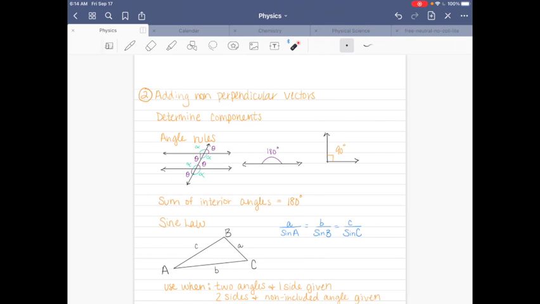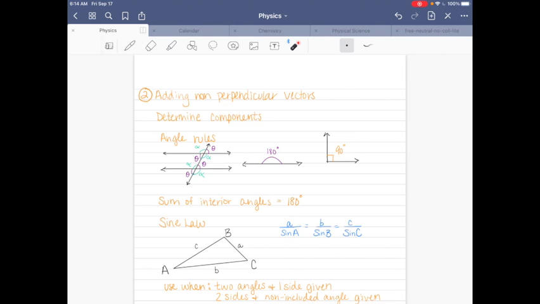Remember too that if you have a flat line, that would be 180 degrees, and then when we have perpendicular lines, that would be a 90-degree angle. So those are just some reminders of some common angle rules.